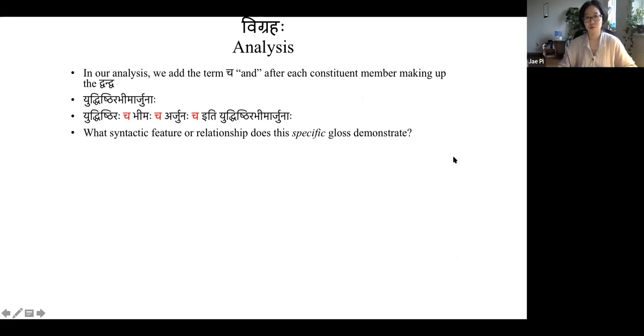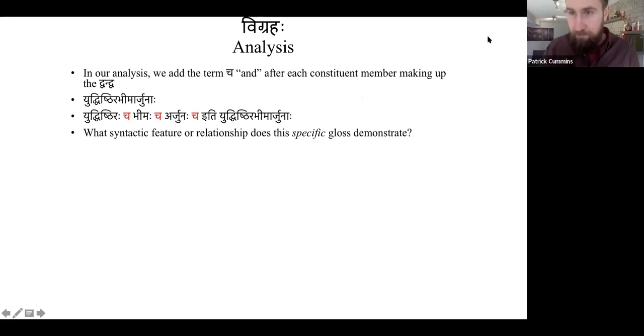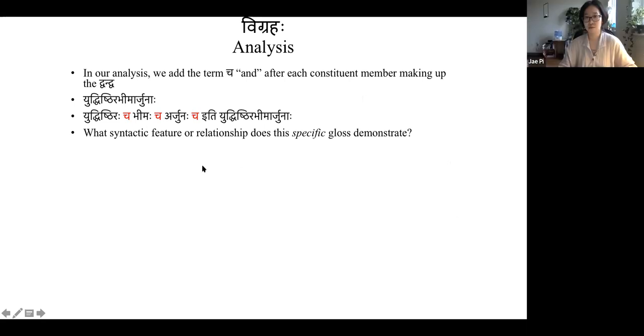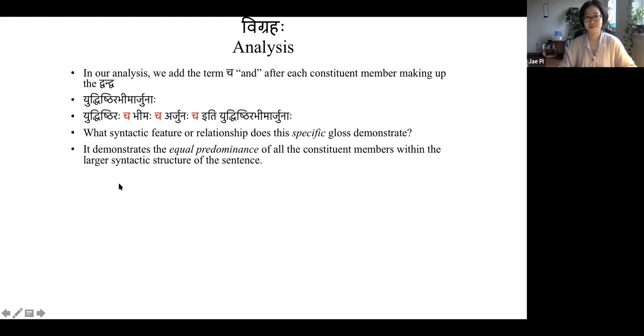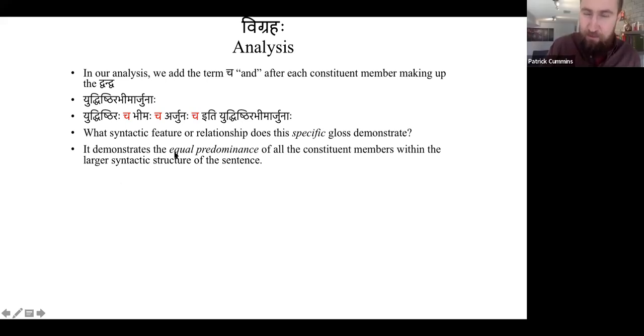Maybe the connection between the items in the compound? Exactly. Yes, exactly right. So it demonstrates the coordination, as you put it, the connection, and specifically in the form of their equal predominance, meaning all of the constituent members participate equally in the larger syntax.